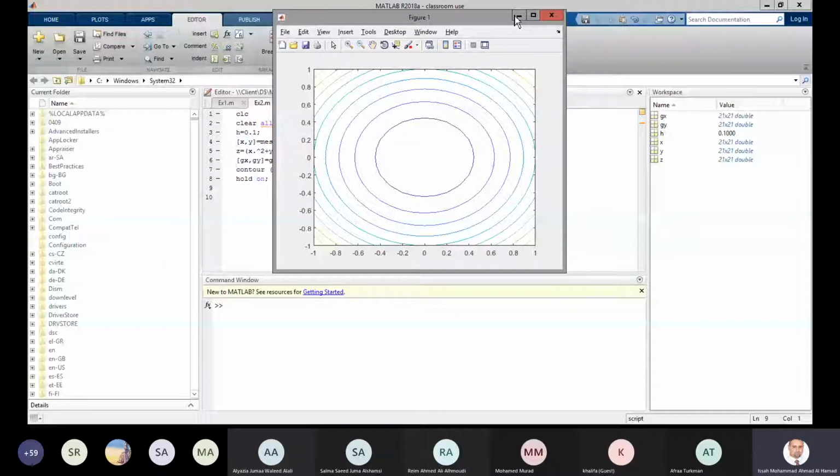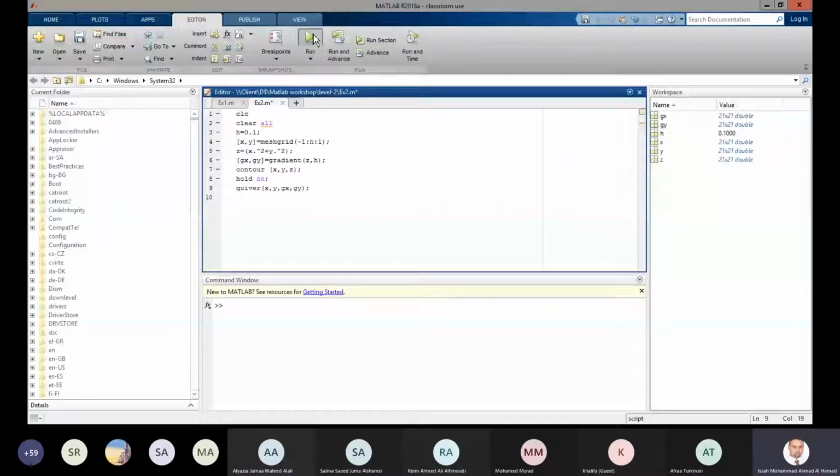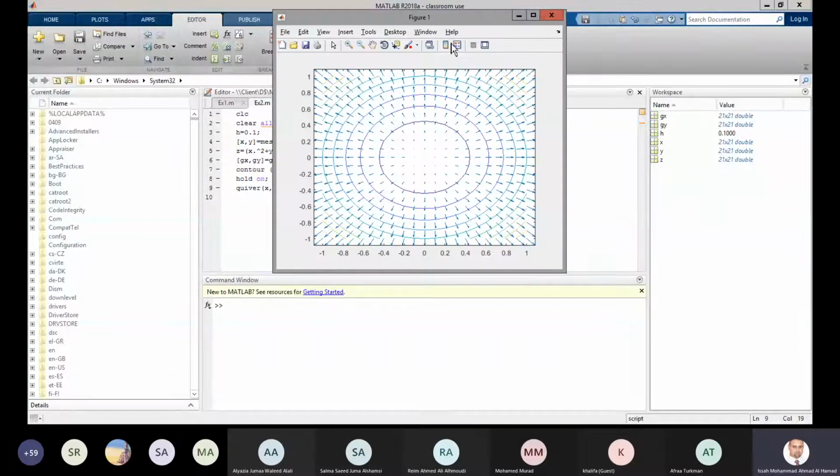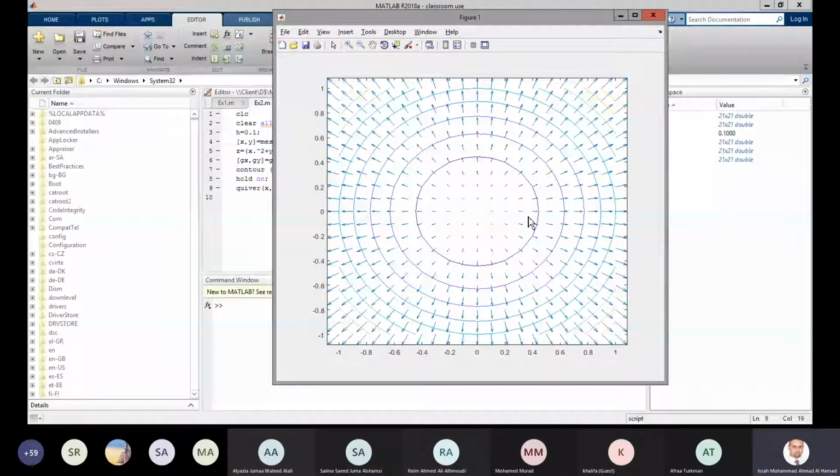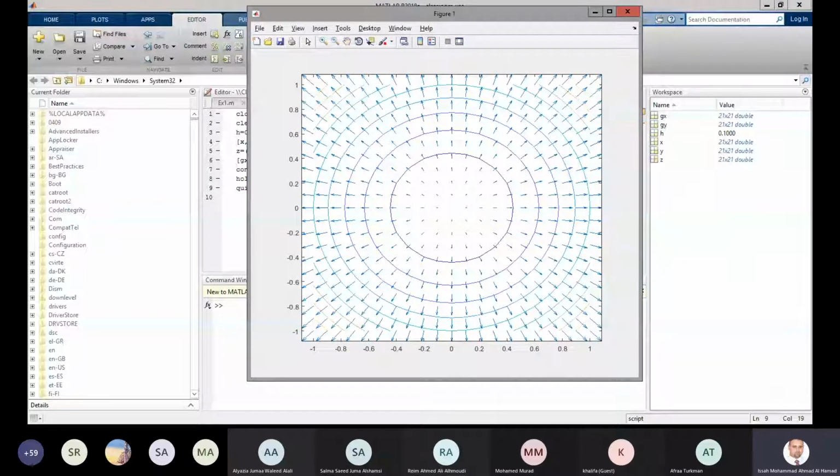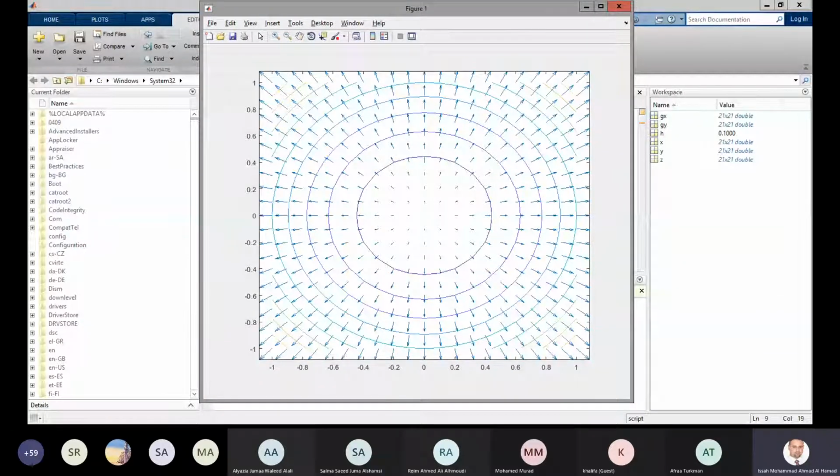So actually, the arrows themselves are scaled based on the size of the figure and the minimum and maximum value.